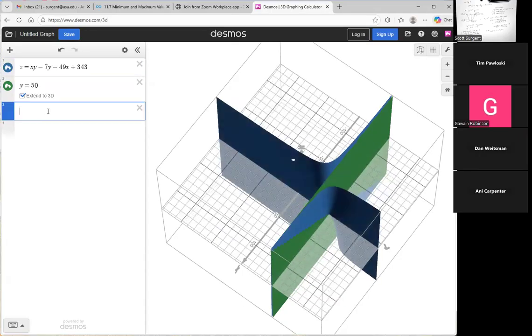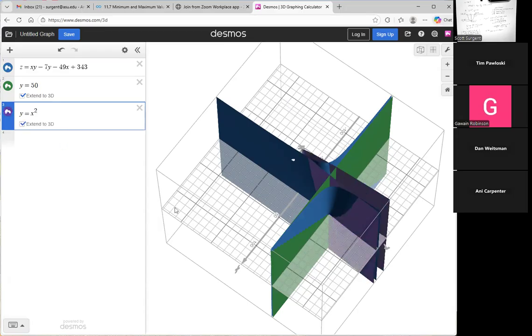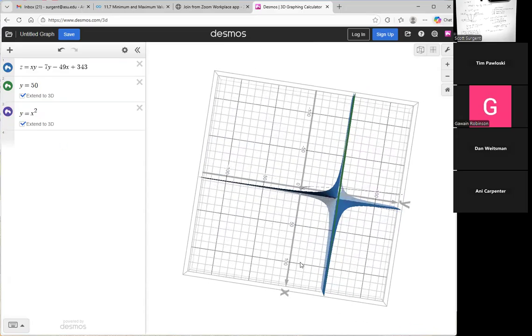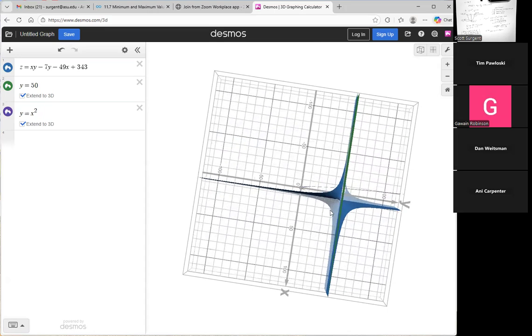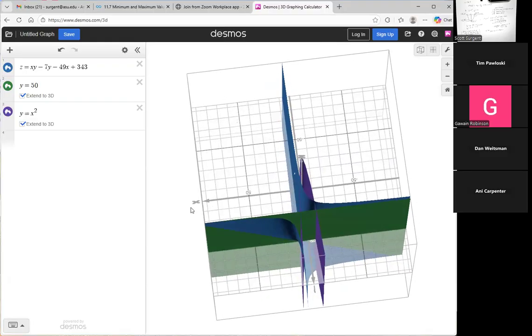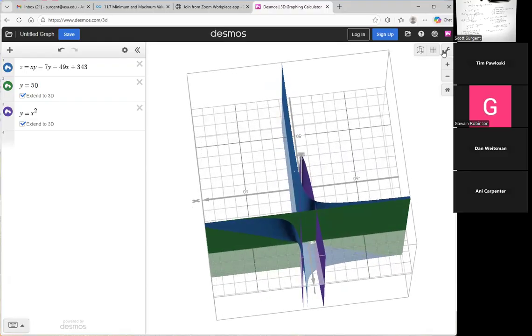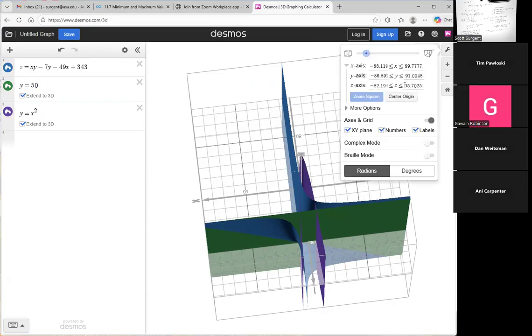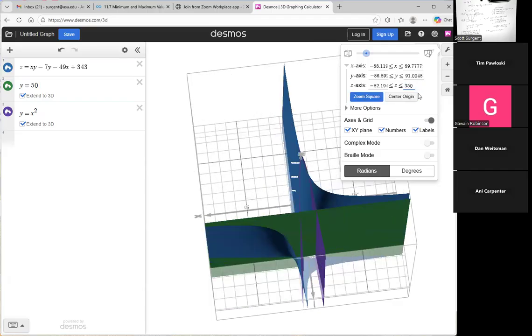Now, let me try the other thing, where I go y equals x squared and then extend to 3D. So yeah, we're really only looking at that. Okay. Well, I've got the bounds in there. So the purple and the green are the bounds. The problem is, and I'm kind of goofing around with this in real time, I want to get z up there, so let's make it 350.